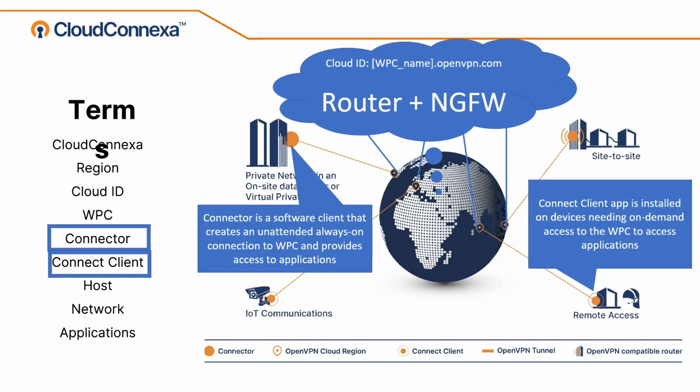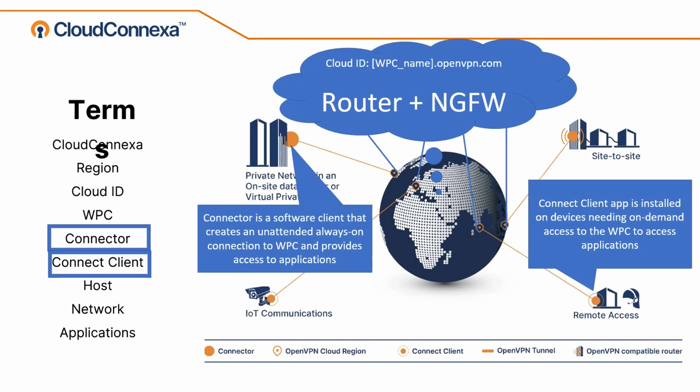What it does is it basically sets up an OpenVPN tunnel to one of those regions and establishes connectivity. Now you can see that we also have something called a connector. The connector is similar to the Connect client, but based on the context of which it was configured in the administration portal, it essentially creates an always-on, unattended tunnel to the region.